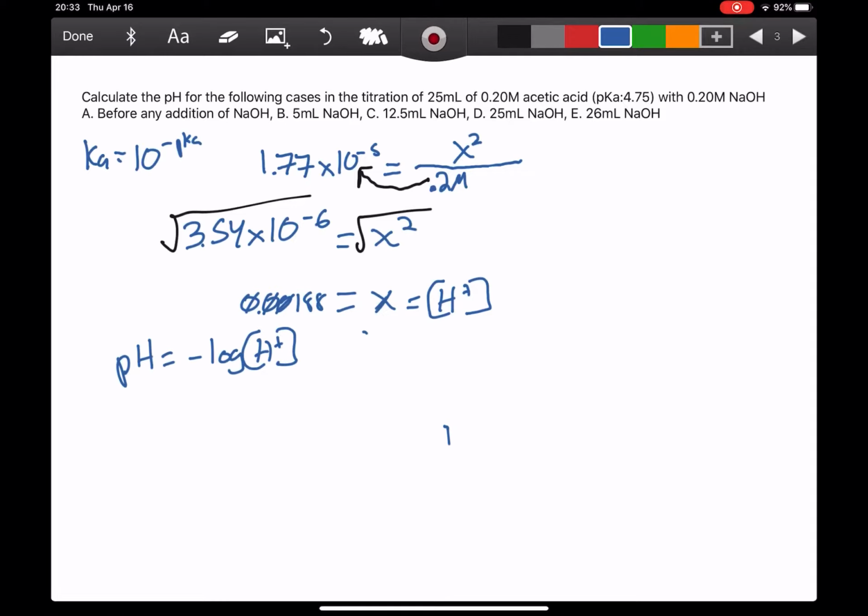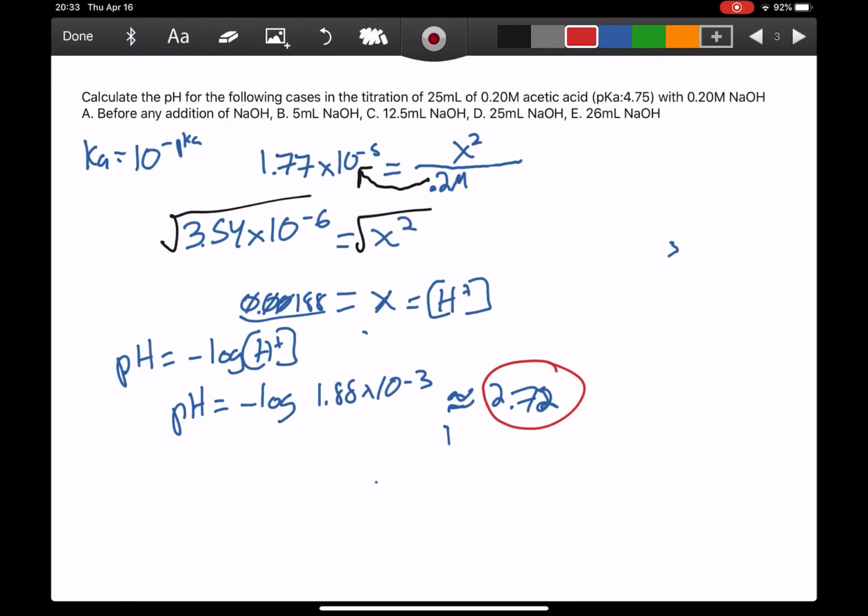So if we take the opposite of log of 1.88 times 10 to the negative third, which is what this number is right here, we're going to find that we have a pH of 2.72. And that is our answer for part A.